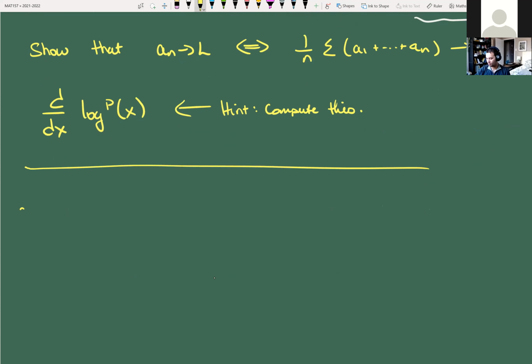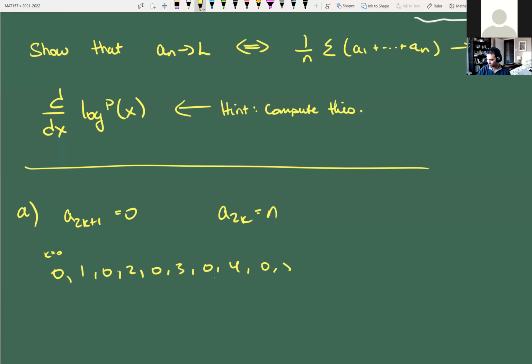So for A, what I would do is say the odd sequence is 0, and then the even sequence is like n. Let's start at the odd thing, so this is k equals 0. So 0, 1, 0, 2, 0, 3, 0, 4, 0, 5.